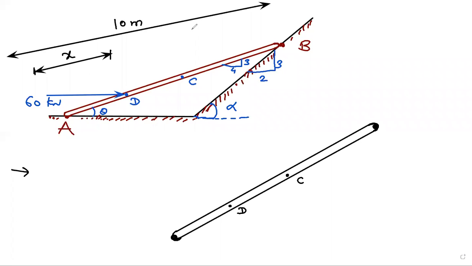So at RA, there is a point of reaction, vertical. This is RA, making an angle.